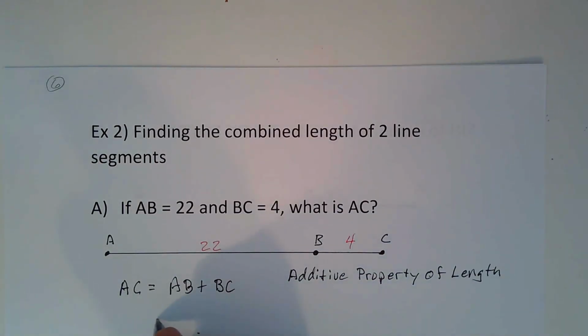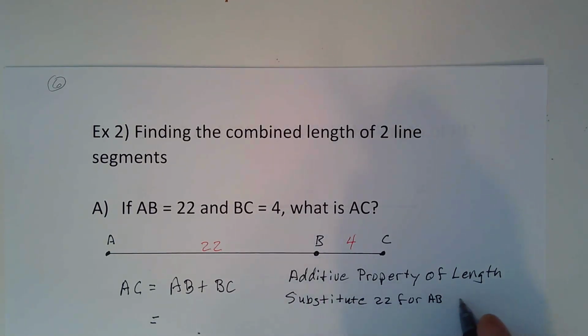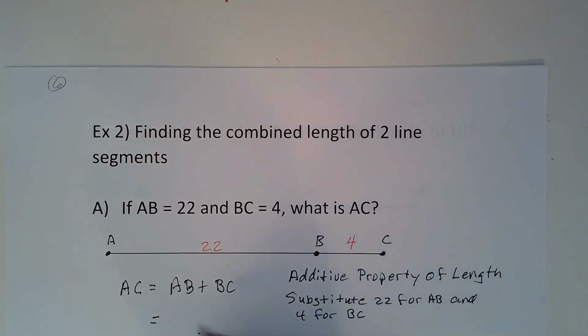Now we're going to substitute 22 for AB and 4 for BC. So 22 plus 4, and of course, 22 plus 4 is 26.